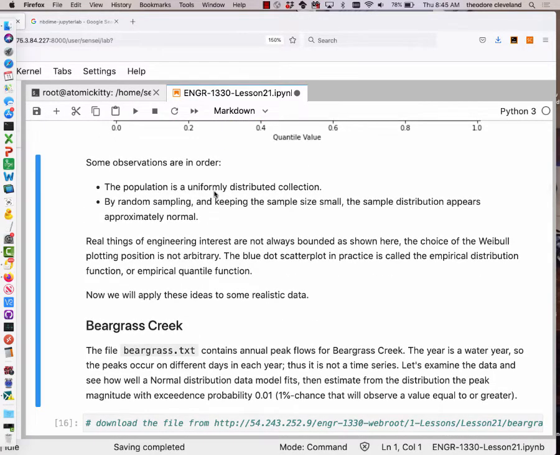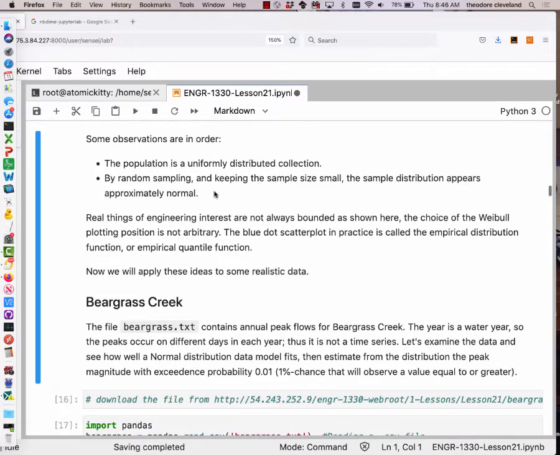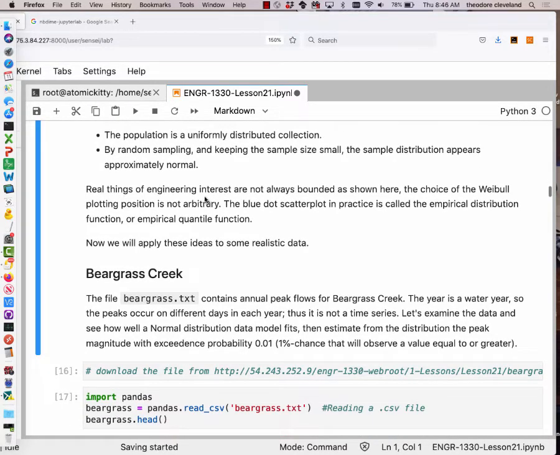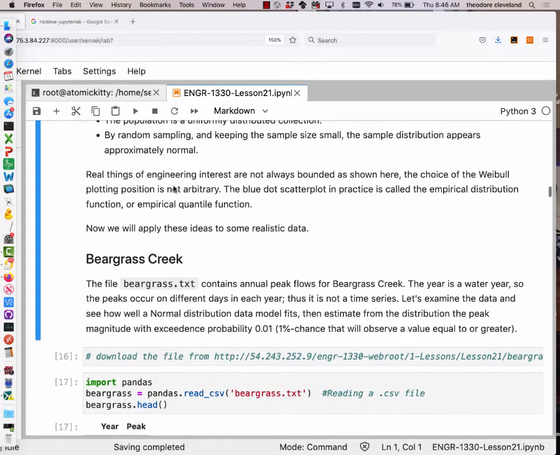Now, some observations. Our actual population is a uniformly distributed collection. By random sampling and keeping the sample size somewhat small, the sample distribution appears approximately normal. Things that we do in engineering are not always bounded, and most of the time they're not.